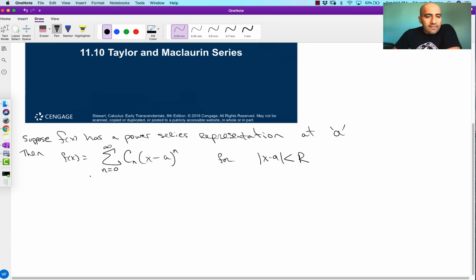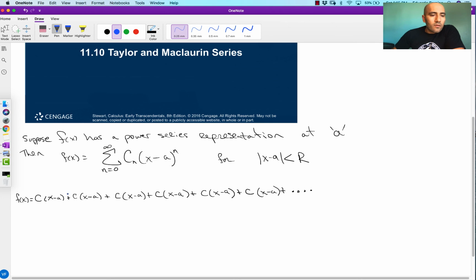Okay, so let's expand this guy out. The first one is going to be c sub 0, where the exponent is 0 raised to the power of 0.